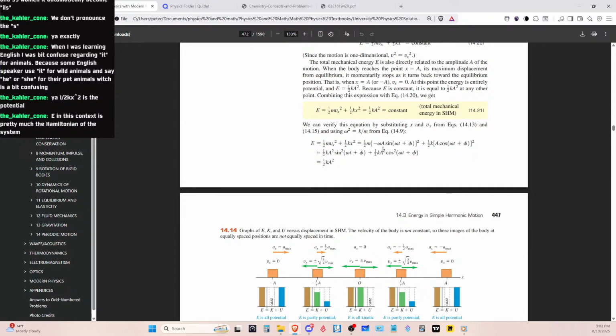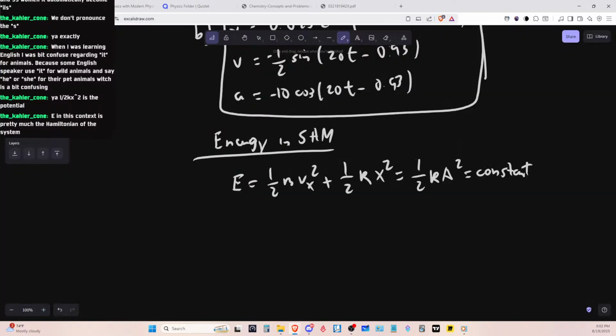Let's see. Oh, interesting. So basically they just break it down. Oh, that's cool. Actually, I like the way they formatted that. When I see equations like derivations in a little bit more of a complicated mess sometimes, I find it very interesting. So omega A sine of omega t plus phi, and that's squared.